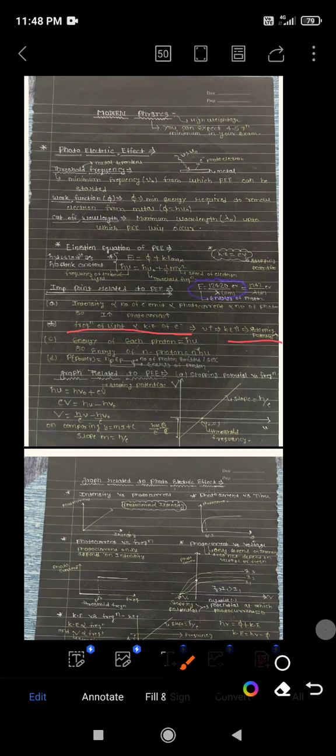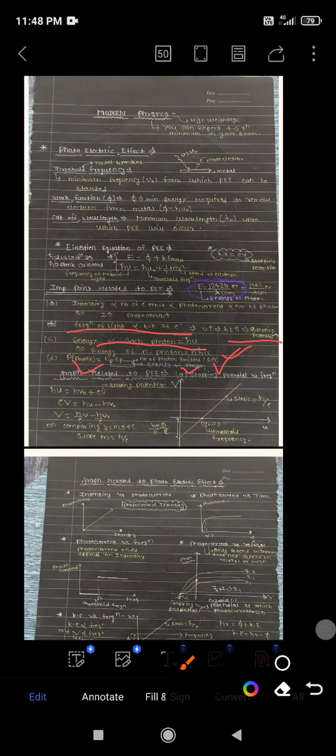Next, the energy of each photon is hν. So the energy of n photons is nhν, and power is np into ep, where np is the number of photons emitted per second and ep is the energy of a photon.